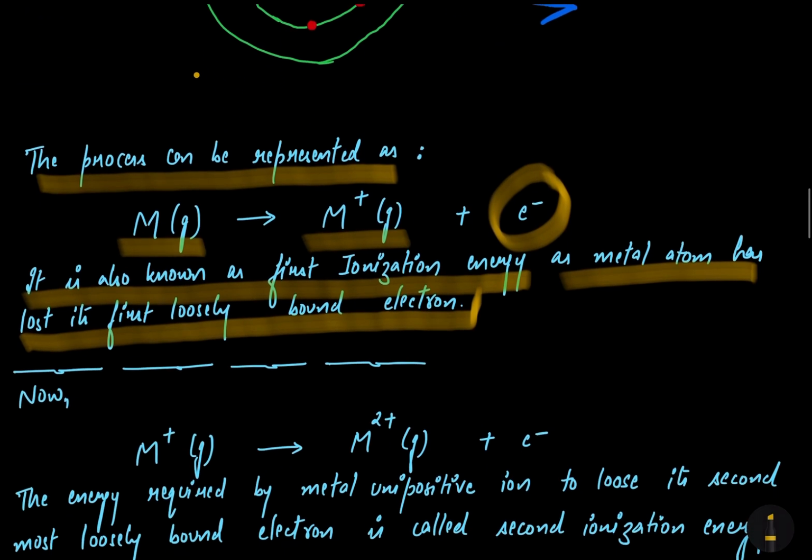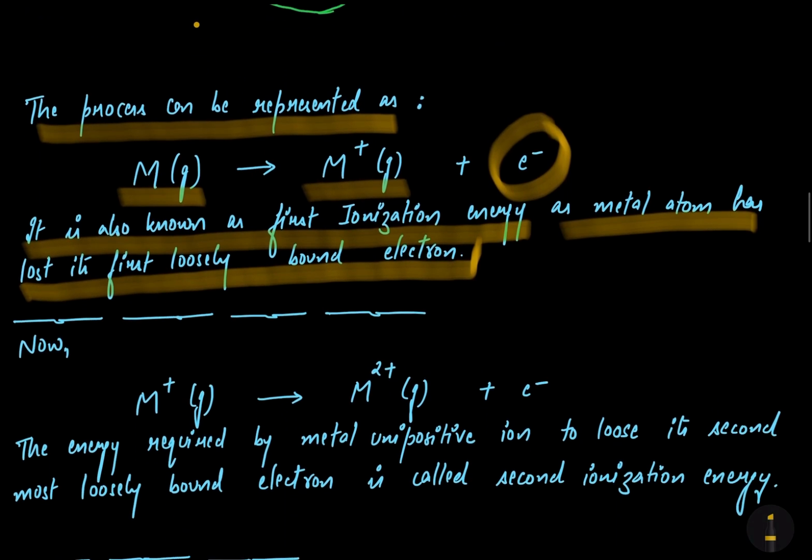Now let's come to the second point. When this M+ gaseous ion loses its second electron, it forms an M2+ gaseous ion. The energy accompanying this reaction will be termed the second ionization energy, because the M+ gaseous ion has lost its second electron.